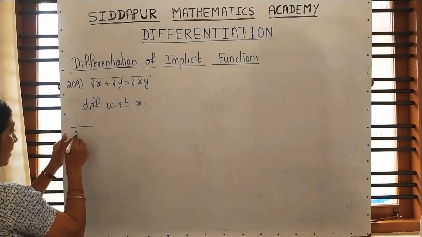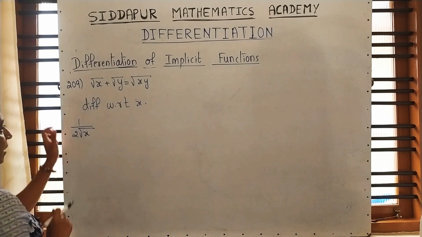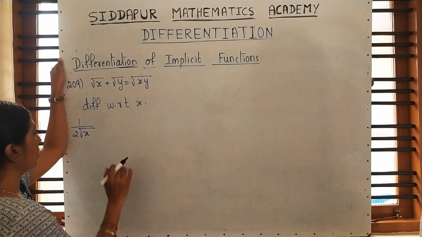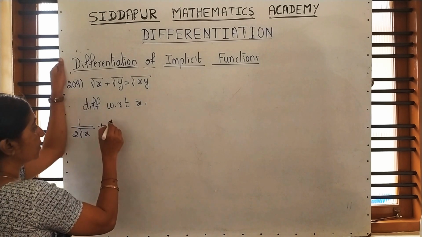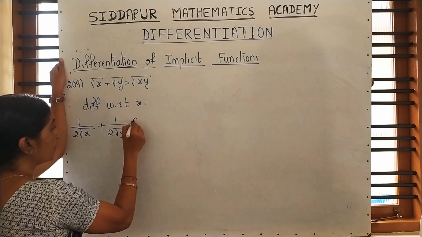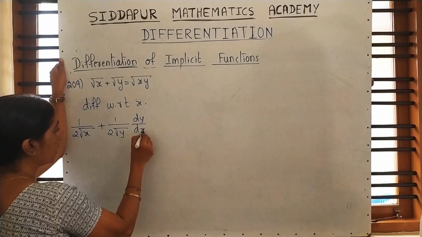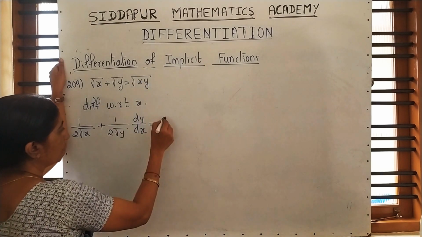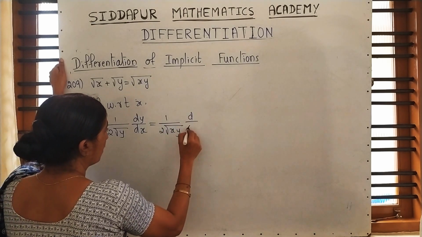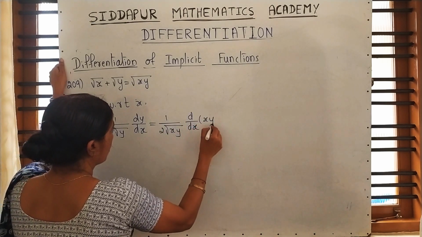Differentiation of root x is 1 by 2 root x. I differentiated the root. Next, differentiation of x is 1. That's why I am not writing. Plus, differentiation of root y is 1 by 2 root y, and the inside term is y. dy upon dx is equal to first root, 1 upon 2 root xy into differentiation of xy.